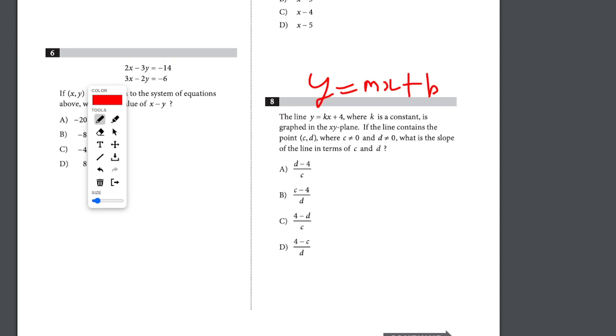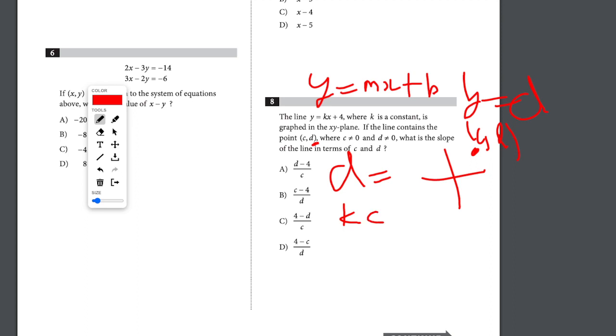If the line contains the point (c, d), so basically you can plug in d, what is the slope, which is basically k. So d is our y, right? The point (c, d), that's our point. Basically our y equals d. So d is equal to k times c plus 4, and you want k by itself.